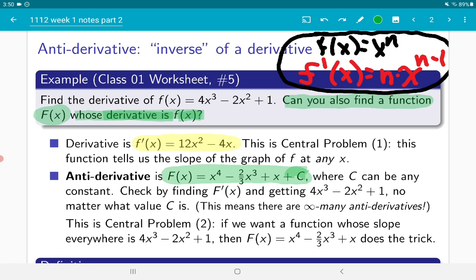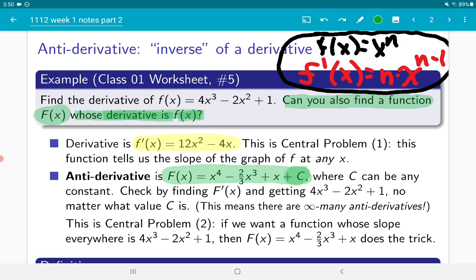Now you also see this plus c that I have written at the end there. And that stands for an arbitrary constant, a random real number. Because essentially that value c could be anything. It could be plus 5, it could be minus 100, it could be plus 2 pi over 78, whatever. But the derivative of any constant is 0.